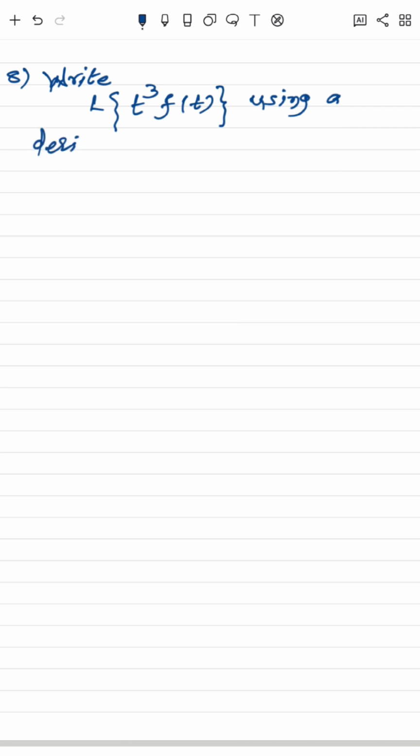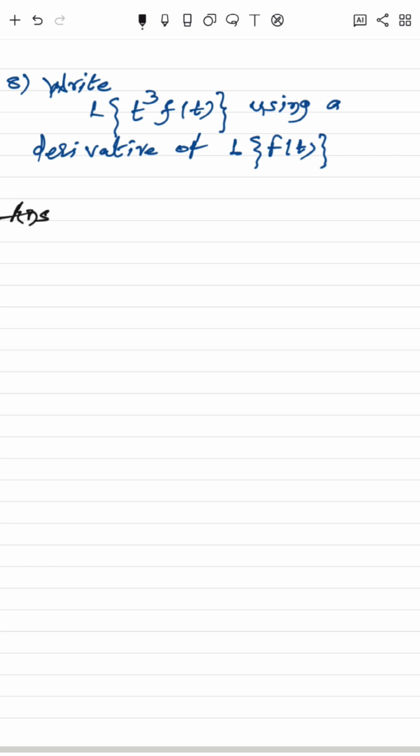Question number 8. Write Laplace transform of t cube into f of t using a derivative of Laplace transform of f of t.